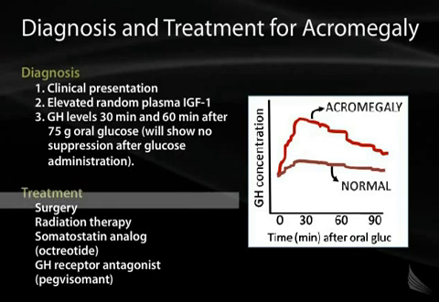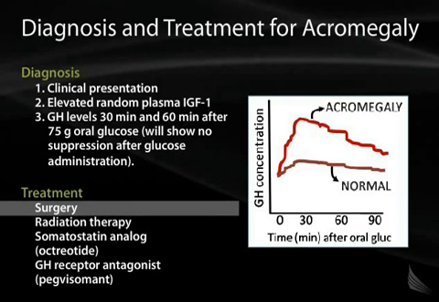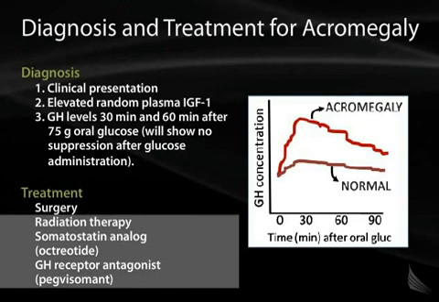Treatment is usually surgical because the most common cause for acromegaly is a pituitary tumor, and so surgery is the best treatment modality to remove that tumor. But oftentimes surgery by itself may not be sufficient. An adjunctive therapy is necessary, and radiation and/or medical therapy can be used. In terms of medical therapy, somatostatin is being used widely.